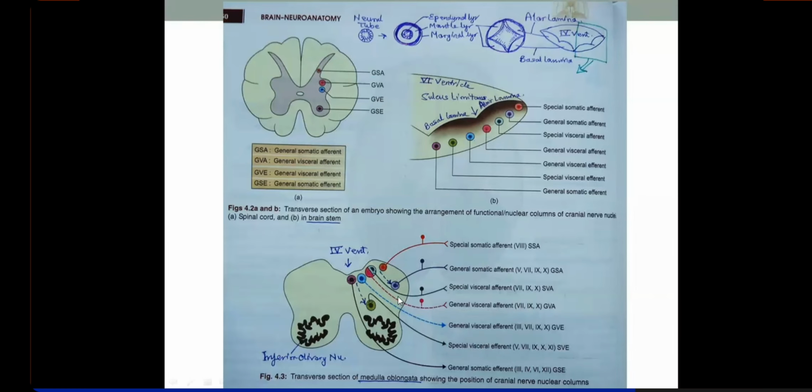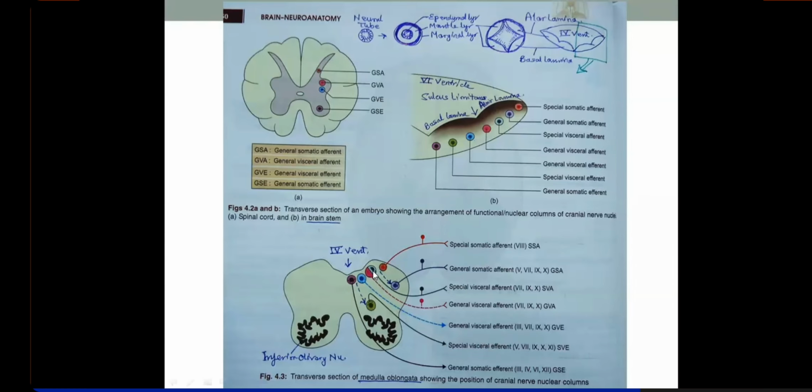And then you have the posterior most portion of the tongue, as well as the epiglottis. The taste sensations are also received from the epiglottis. The taste sensation from the epiglottis and posterior most portion of the tongue is being carried by the vagus. So all this reaches this functional column.